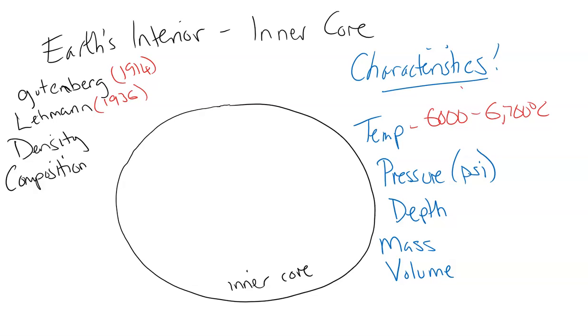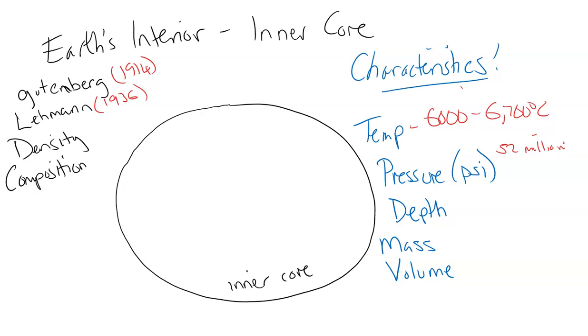The PSI, the pressure, which is insane, the lithostatic pressure, which comes from the weight or mass of the rock above plus gravity. You're looking at the center being about 52 million psi. It's 52 million pounds per square inch.